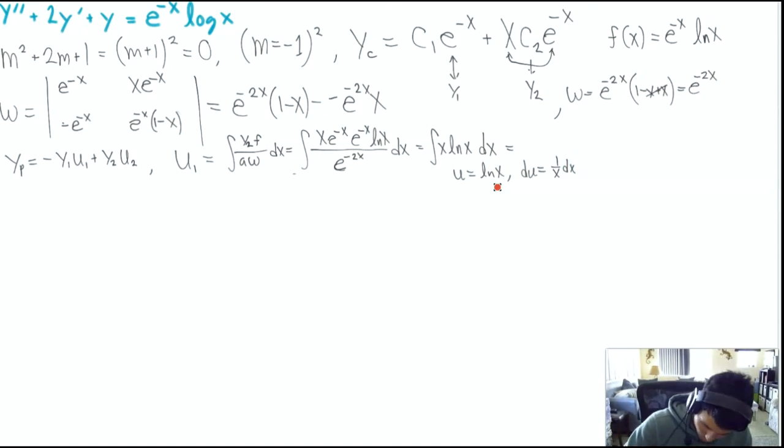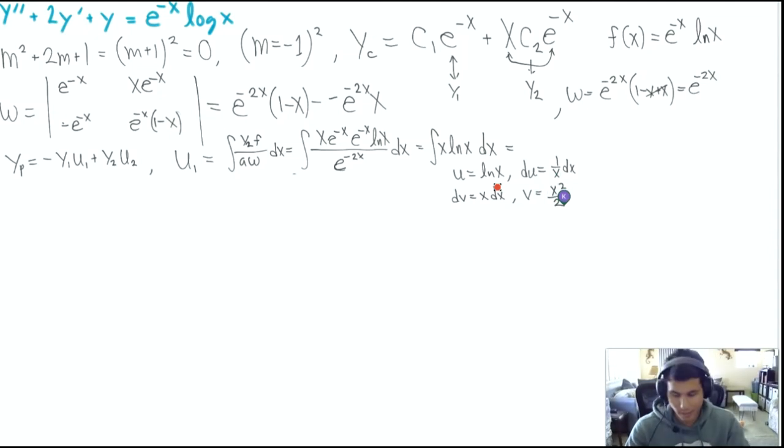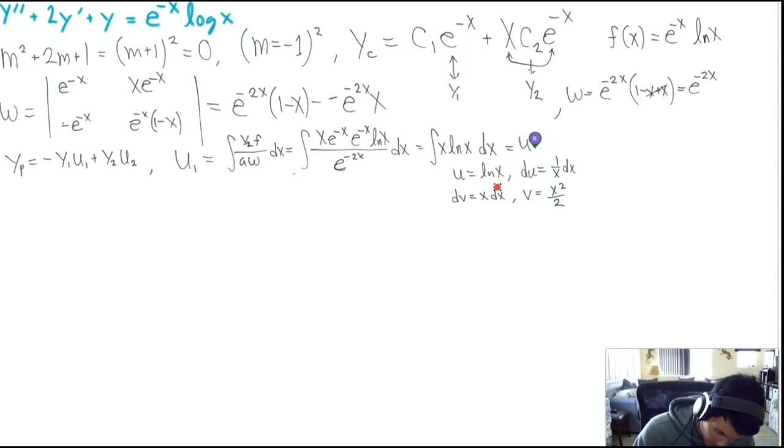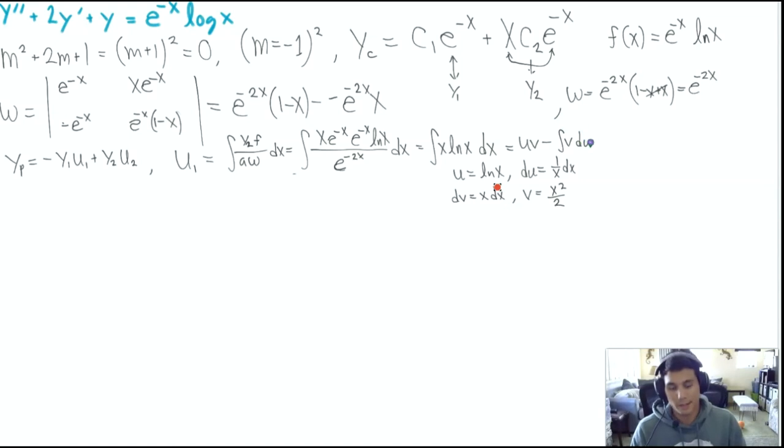And if I call dv equal to x dx, then v is x squared over 2. And the formula goes uv minus the integral of v du. Now let me insert everything.